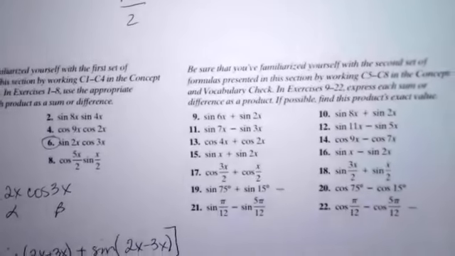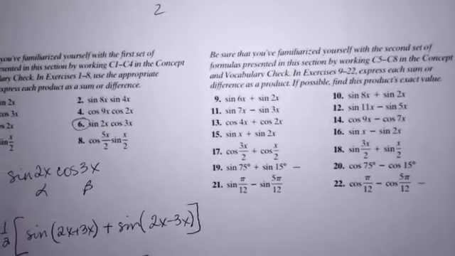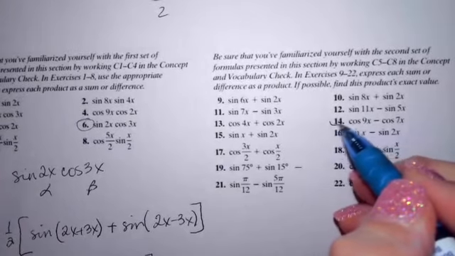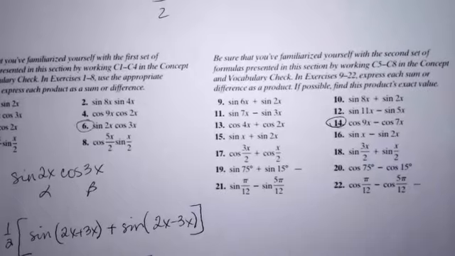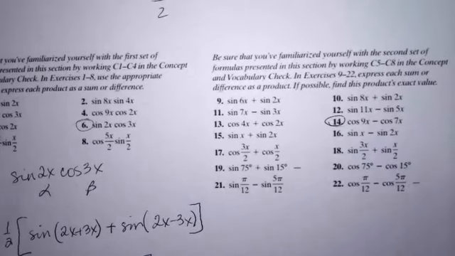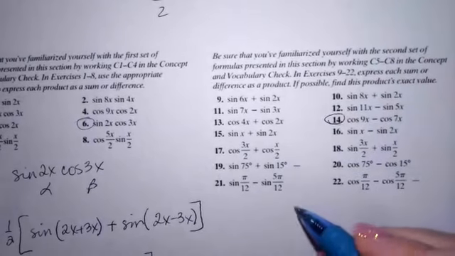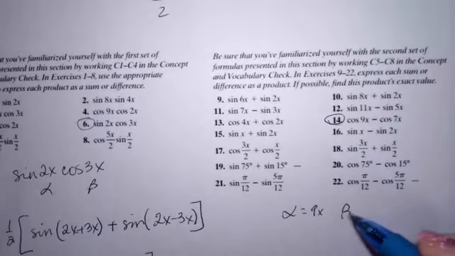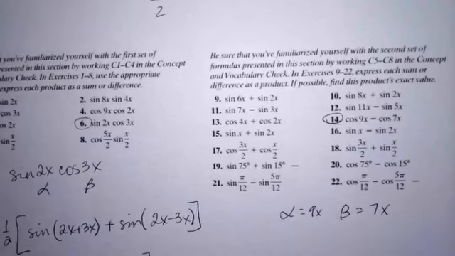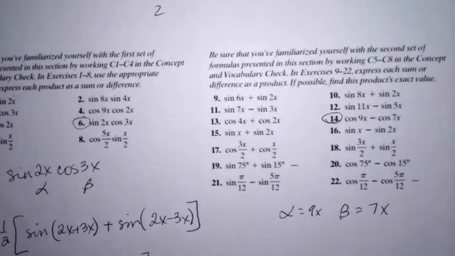Okay, and now sum to a product. Let's do 14. So cosine of 9x minus cosine of 7x. So alpha is 9x, beta is 7x. And we have cosine minus cosine.